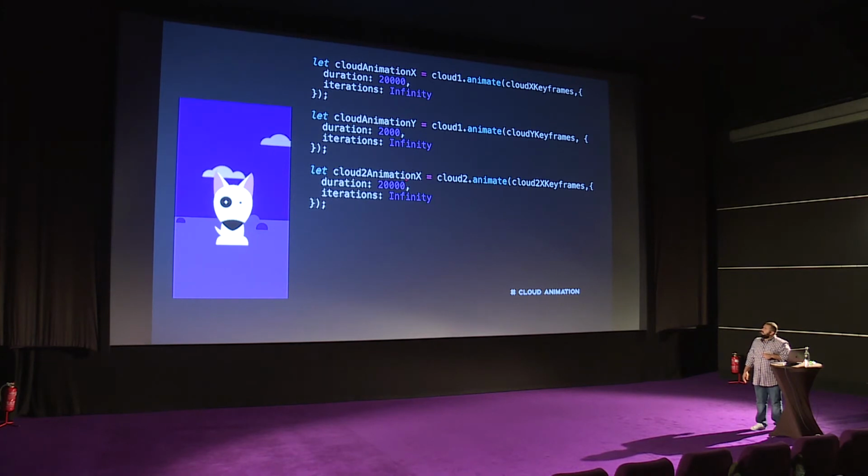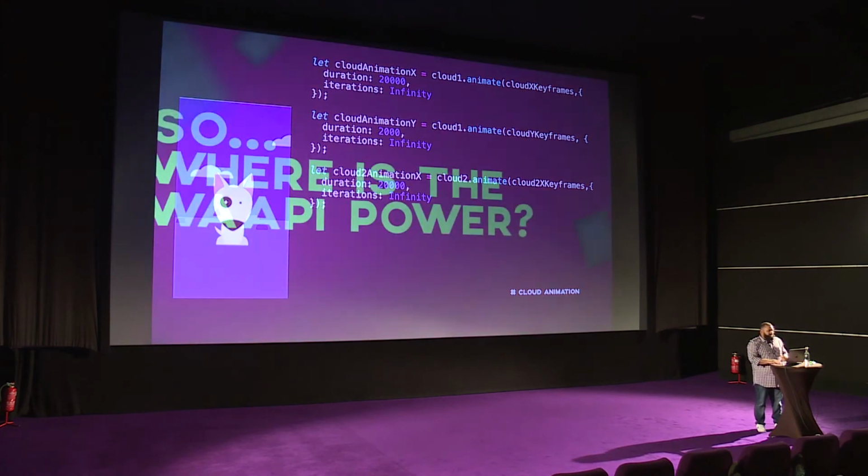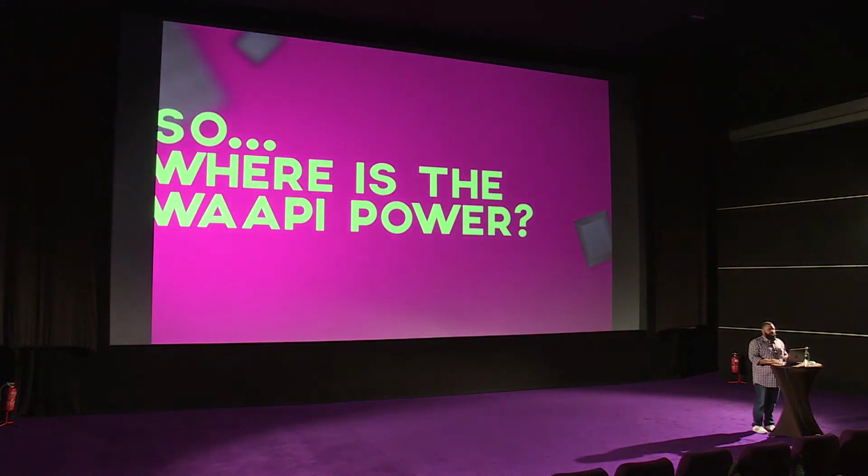In the cloud one, I have this animation that will move the cloud in this direction, in the vertical, and the other one that will be moving in the horizontal. But basically, what I showed you here is the same thing that you already have in the CSS animation, and we didn't see anything really fun here.